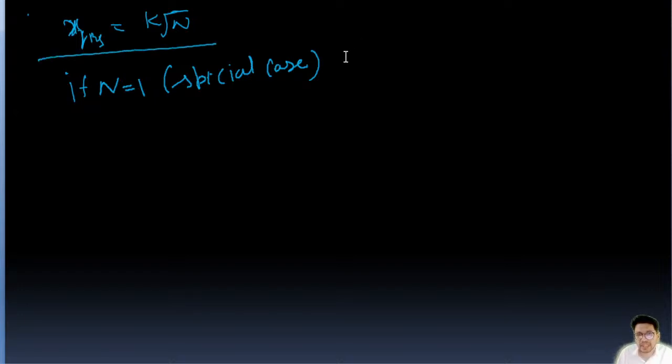If n equal to 1, special case. Just suppose that if n is 1, in that case the outcomes will be 1, 0 or -1. 1 is going right, 0 is remaining at the same point, if we take n equal to 1 step.